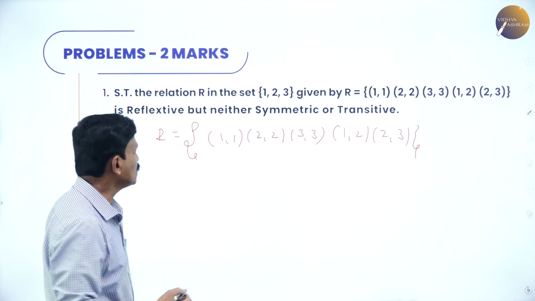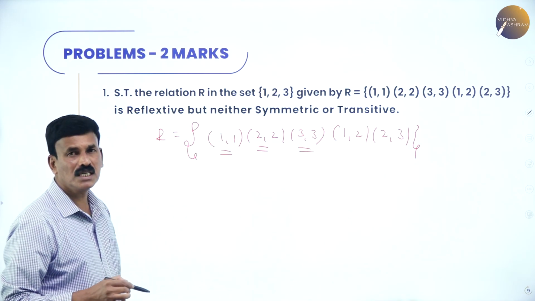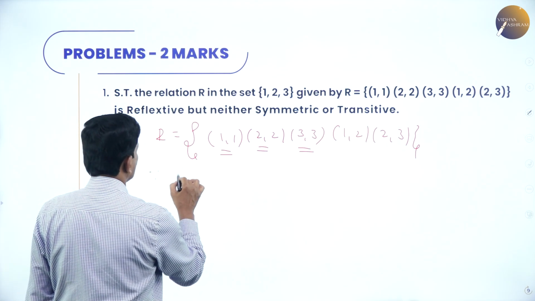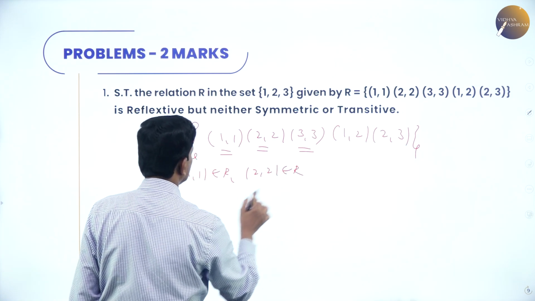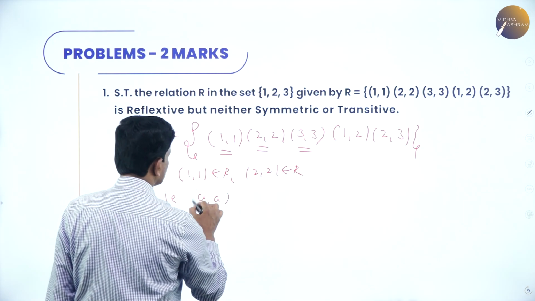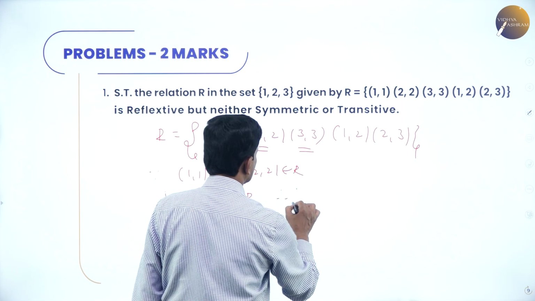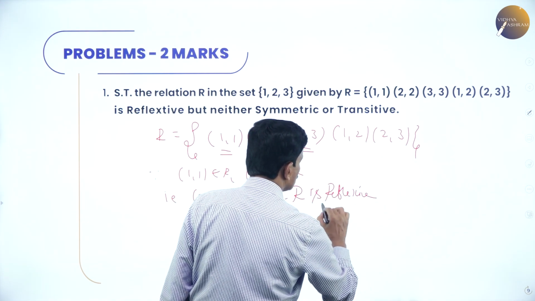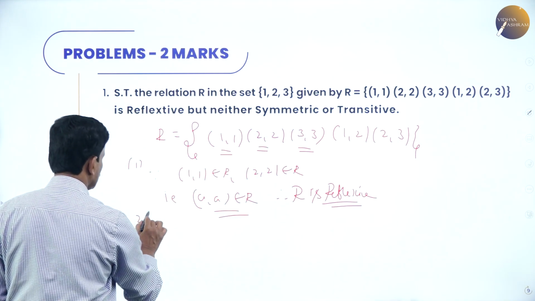Now clearly you can say that (1,1), (2,2), (3,3) belong to R. That means (a, a) belongs to R, therefore R is reflexive. Since (1,1) belongs to R, and (2,2) also belongs to R, (3,3) also belongs to R, that is (a, a) belongs to R. Therefore, R is reflexive. Now, let us come to the second one. What is the second condition?